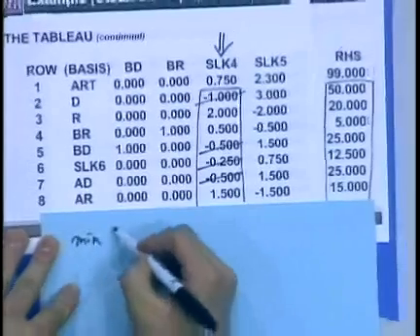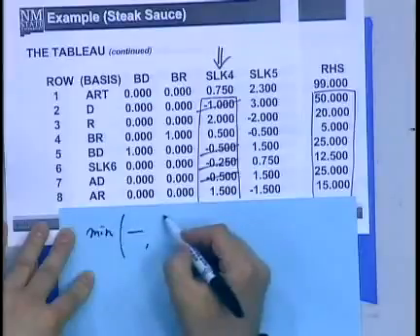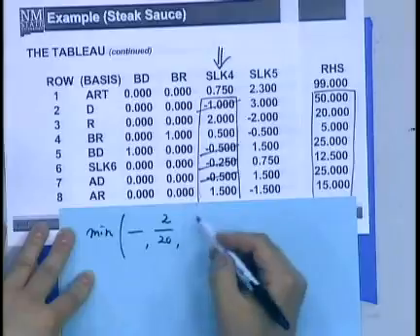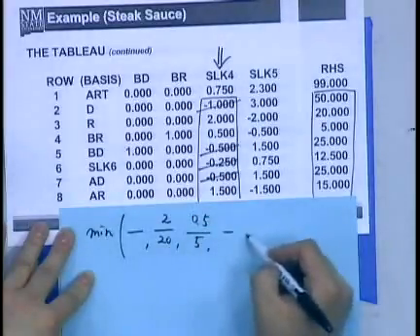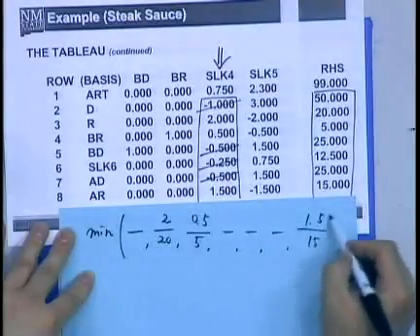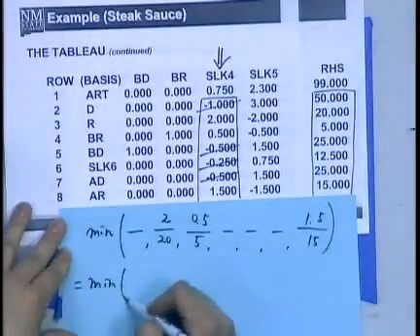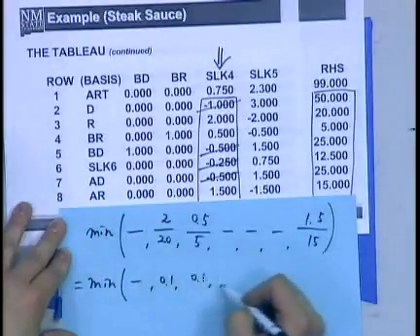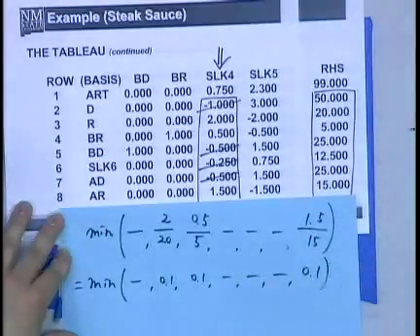And the minimum ratio test would be 2 over 20.5 over 5, 1.5 over 15. And this is 0.1, 0.1, 0.1, right?